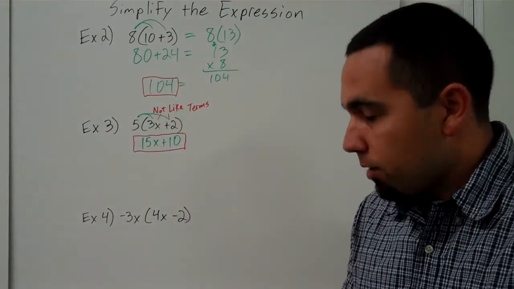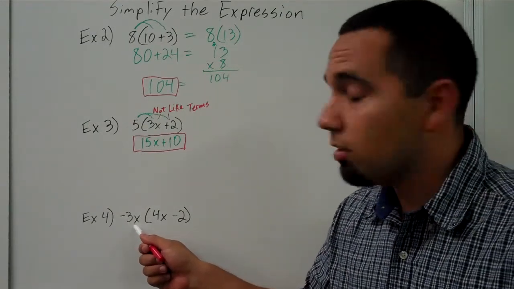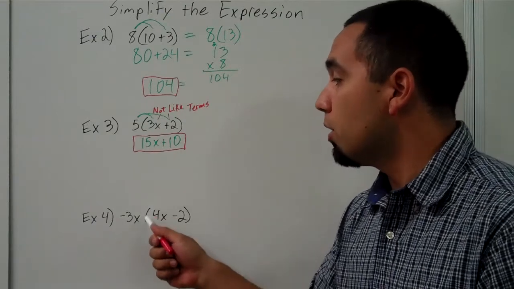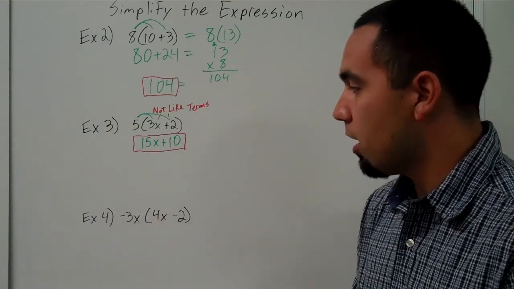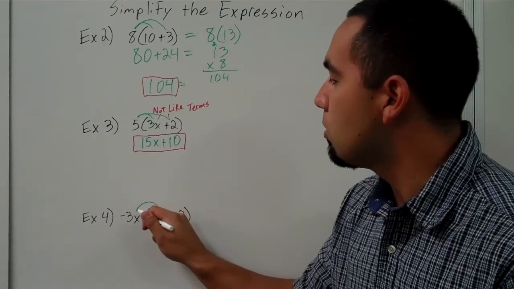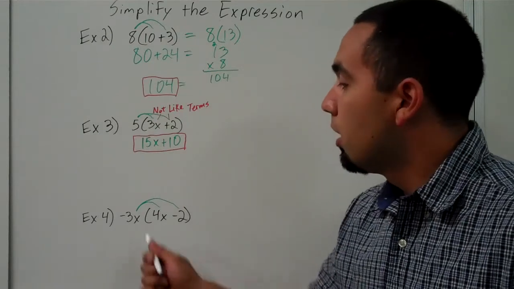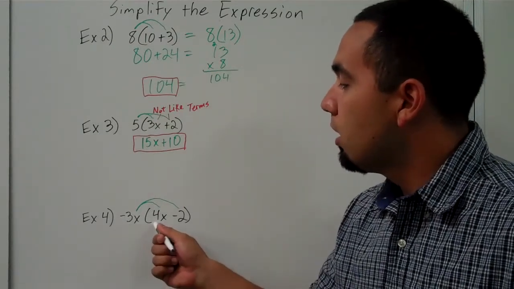Example number 4, now we have a negative number and an x on the outside. Again, I can't add these together, so I know I have to use the distributive property. I'm going to multiply those two together, and here we get negative 3 times 4.